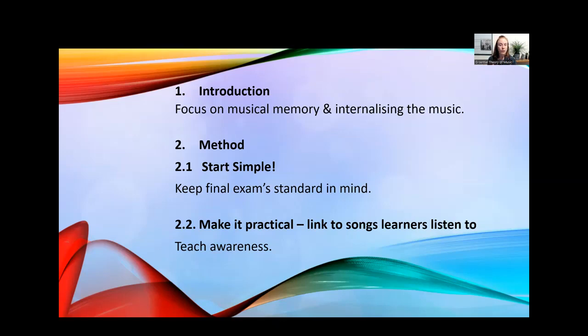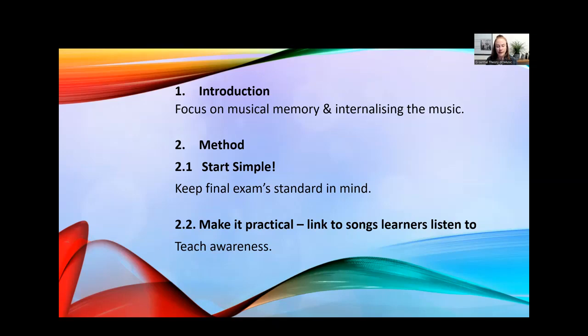And the thing with both CAPS and SAGs is that they show you what's expected in grade 12, but not in grade 10 and 11. So you need to backtrack and think, okay, what am I going to do before getting to grade 12? What am I going to teach in grade 11? What am I going to teach in grade 10? And work out your own stepwise, systematic method there.